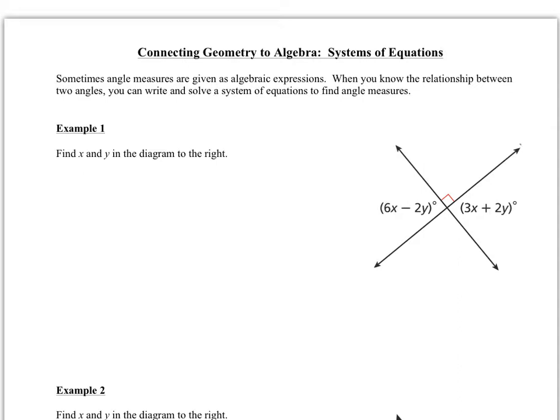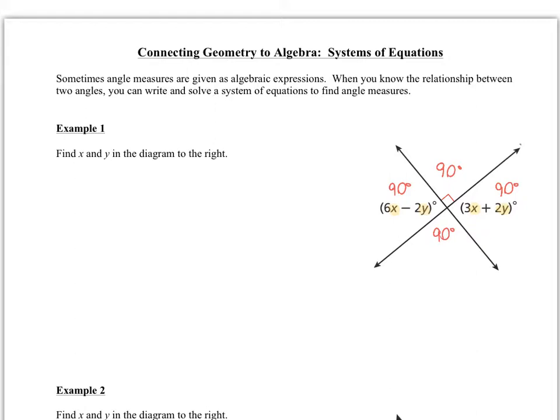We can see that we have two lines that intersect at a 90-degree angle. So what that means is each of these four angles measure 90 degrees. Now we notice that we've got two variables, an x and a y, in the two expressions that we have.